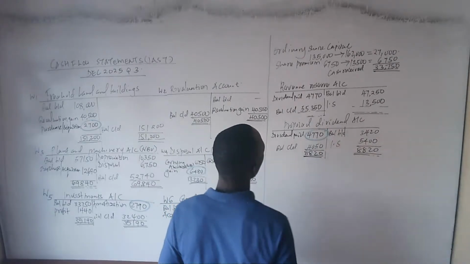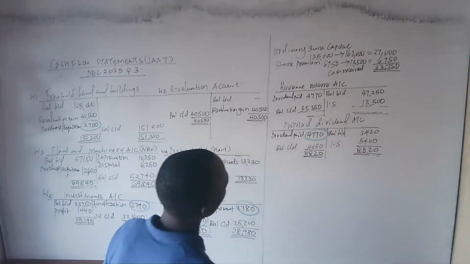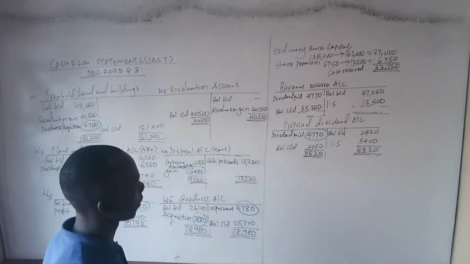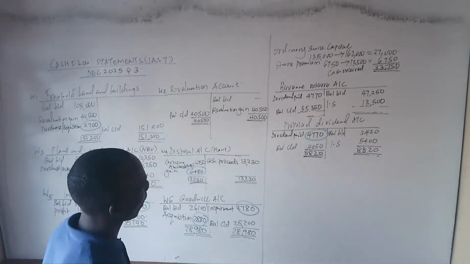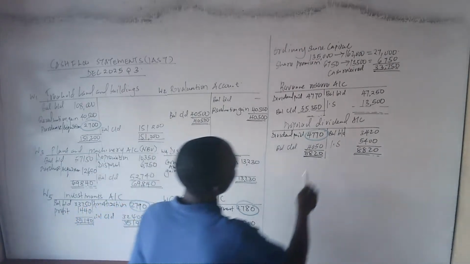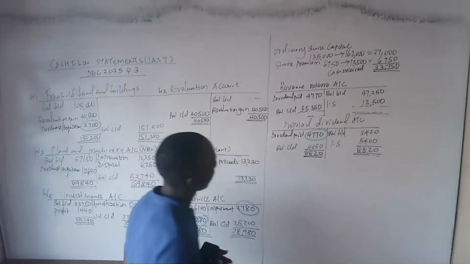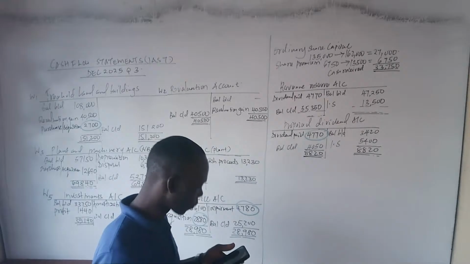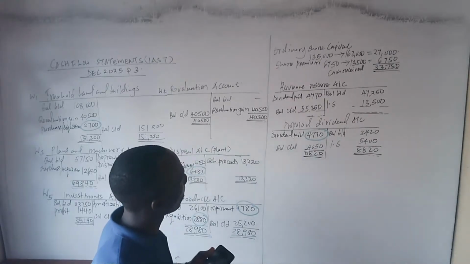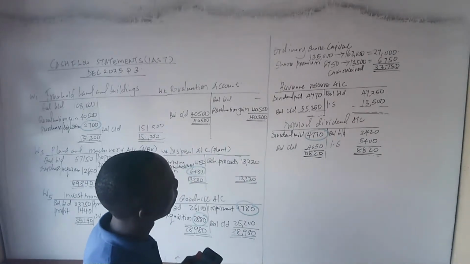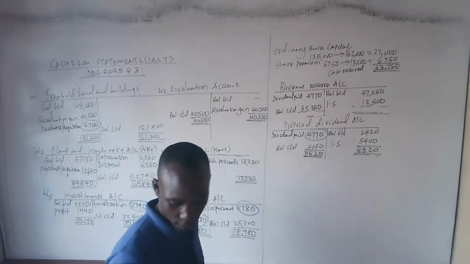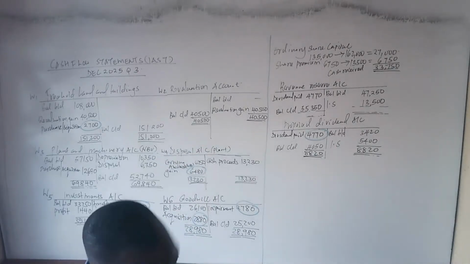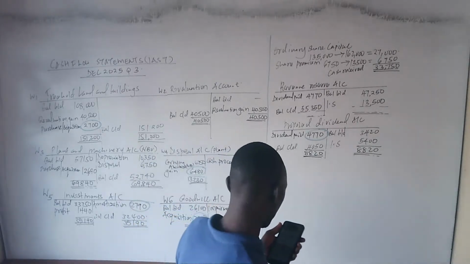Then from there, we will look at the revenue account, or what we call the retained earnings, and see whether there was any transfer, or why it is failing to balance. We are going to confirm why it is not balancing. Anyway, let us continue.